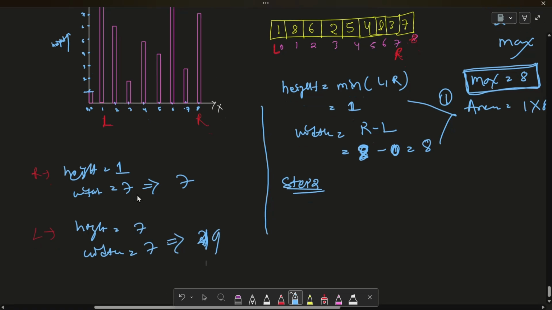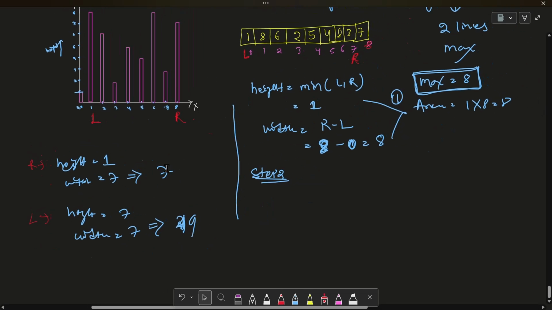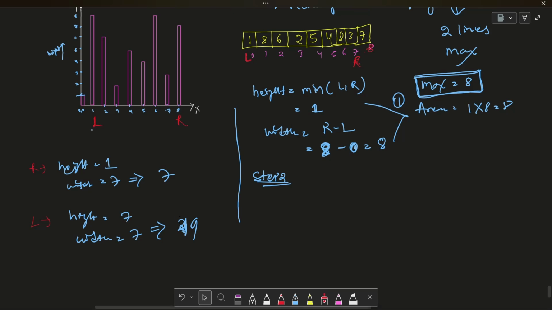One thing you may notice here: if we have two pointers, assume that these pointers are here. The smaller height is the right one. And if we move this left one, you always have to consider the smaller height. For example, we have taken this one and we move this right pointer to here. Still the height is the same. Again we move the right pointer.